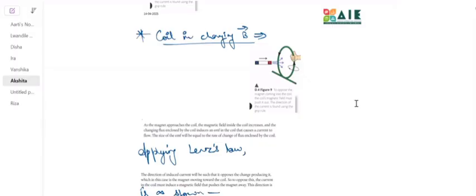So let's move ahead now. Next one is coil in the changing field. Already we had discussed this.